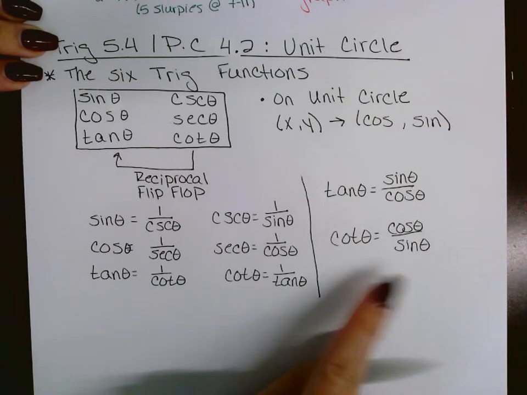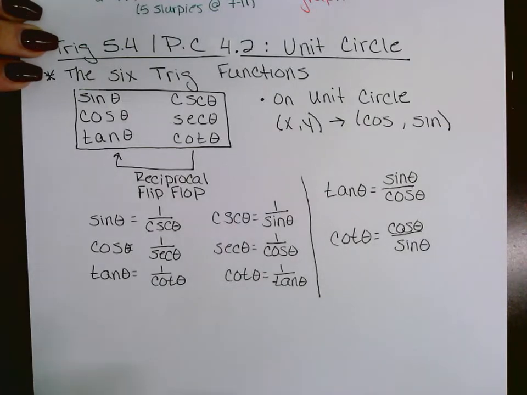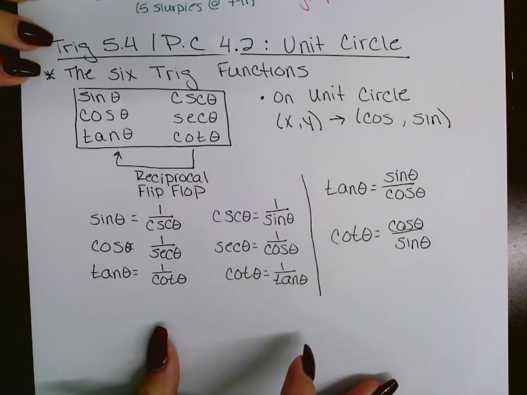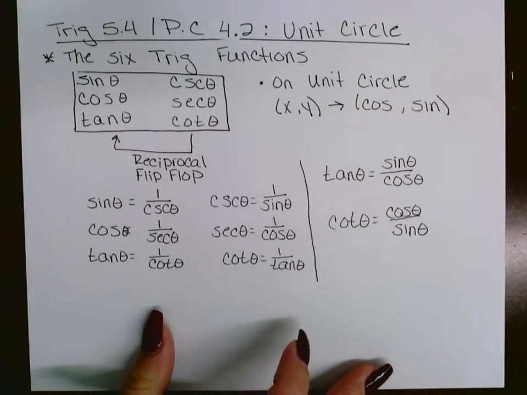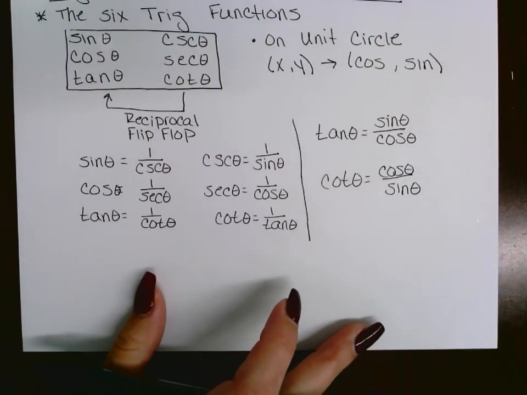The ratio between sines and cosines. So hopefully now I can show you one spot on the unit circle, and you can find all 6 trig functions. That would be the goal before we go home today, okay? Any questions up to here? Okay. And we look at an example.